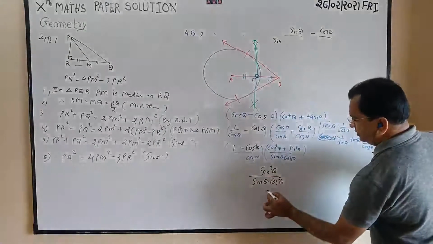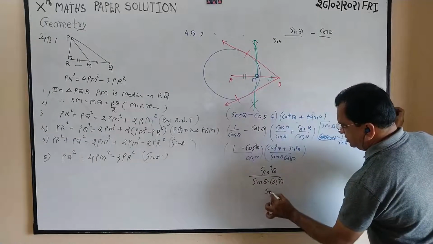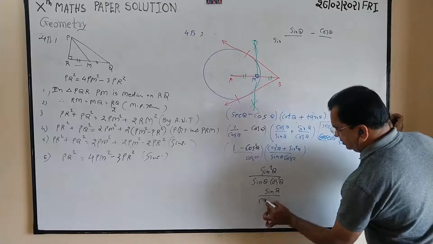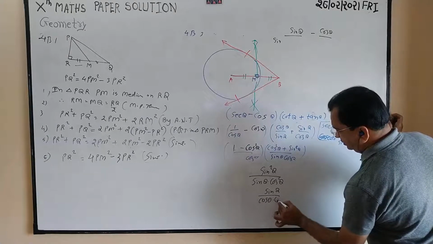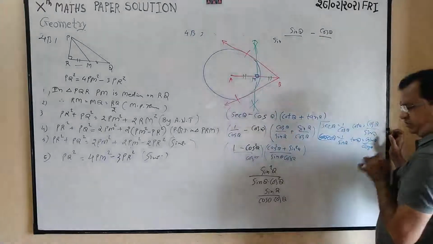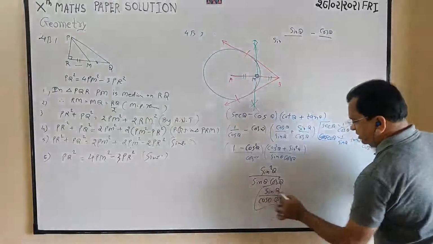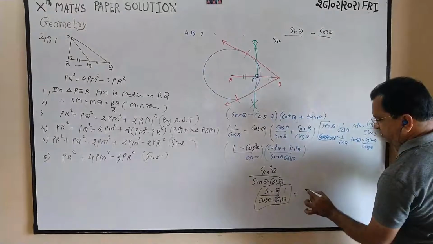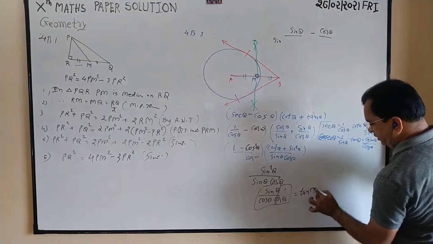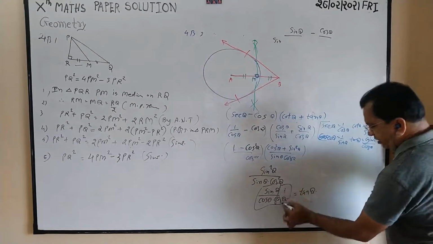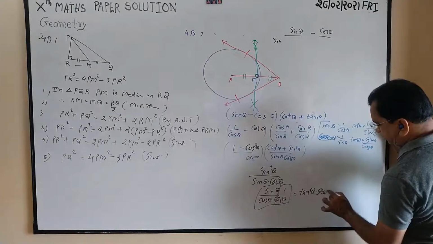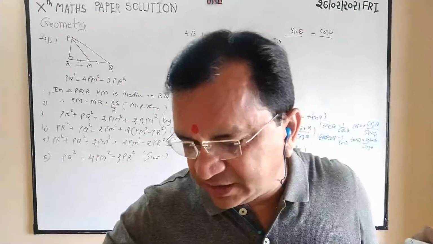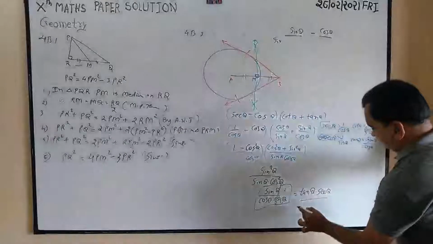One sin will cancel, so it will be sin theta by cos theta because it is square. And this one and this one. Sin by cos is equal to what? Tan theta. 1 by cos is equal to what? Sec theta. That we want as a right hand side.